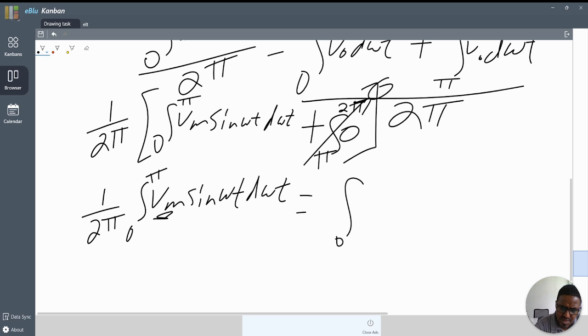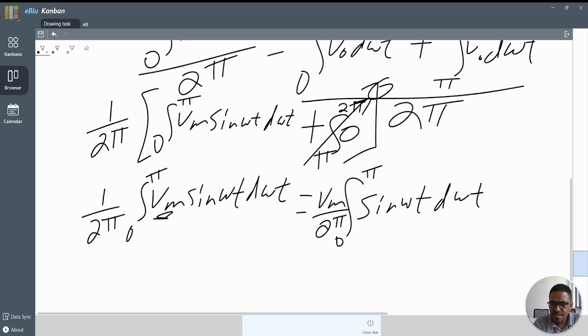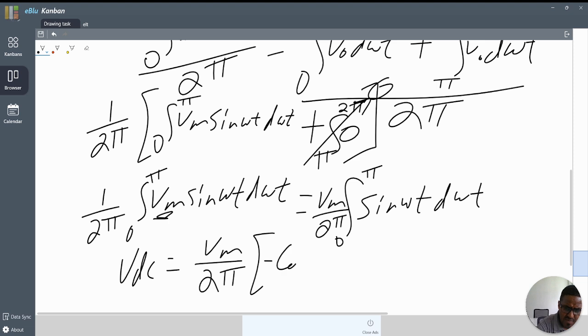So our constant V maximum over 2 pi, integral from 0 up to pi of sine omega t d omega t. The integration of sine omega t, as you know, is negative cos. So VDC is equal to Vm over 2 pi times negative cos omega t from 0 up to pi.